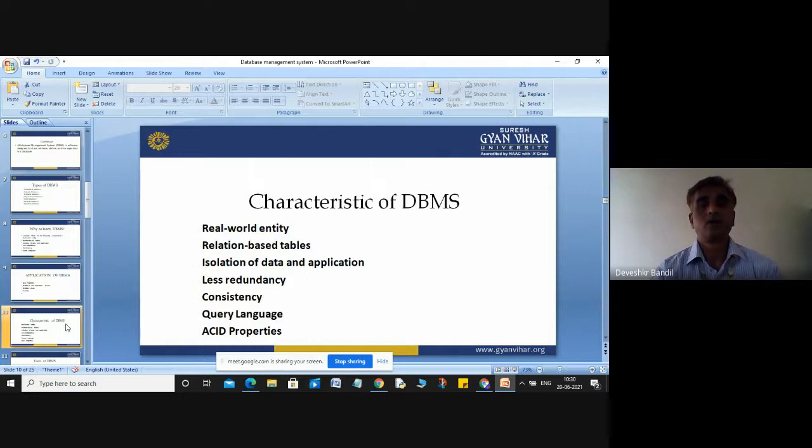And now I am taking the concept of types of database management system.